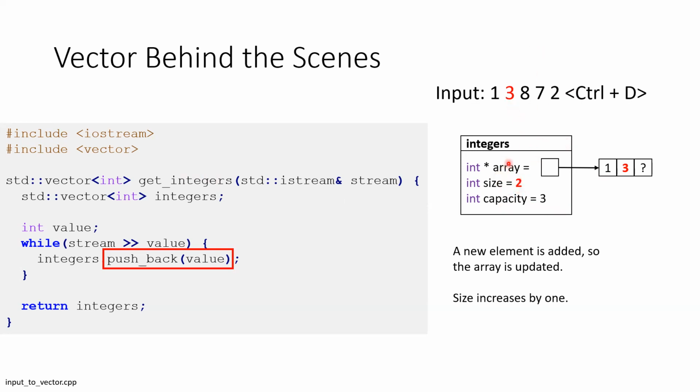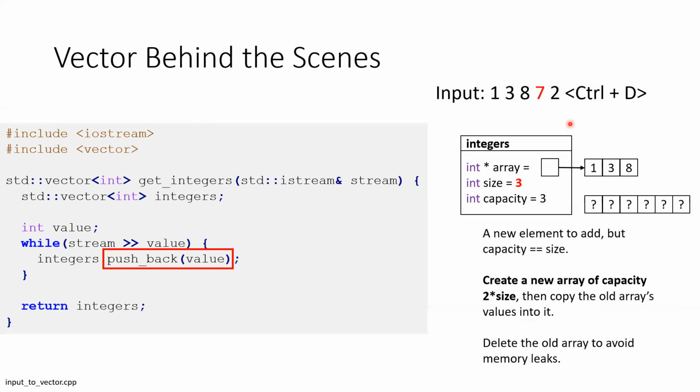Pushing back the 3 increases the size and writes the 3. Then 8, increase the size and write 8. Then at the 7 input, we see that the size equals the capacity, and we can't just add 1 more.